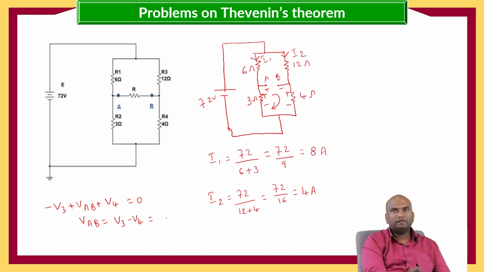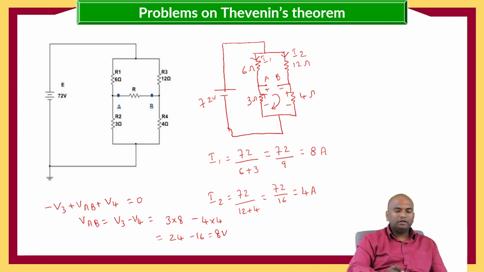So V3 is 3 into 8 minus 4 into 4, which is equal to 24 minus 16, that is equal to 8 volts. VAB is nothing but VTH, which we got as 8 volts.